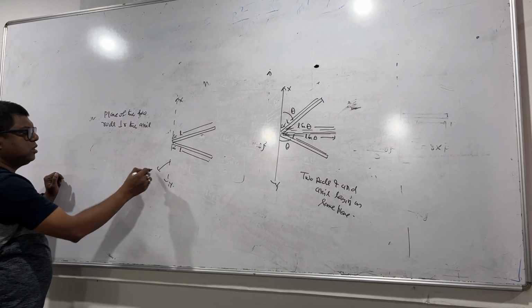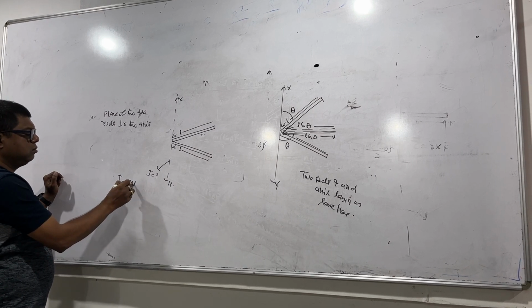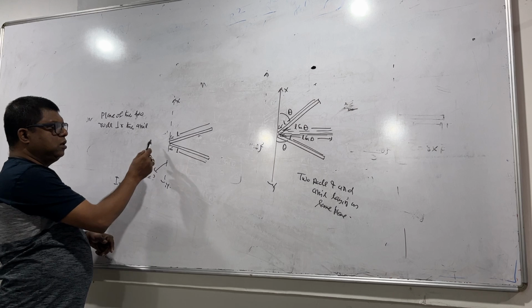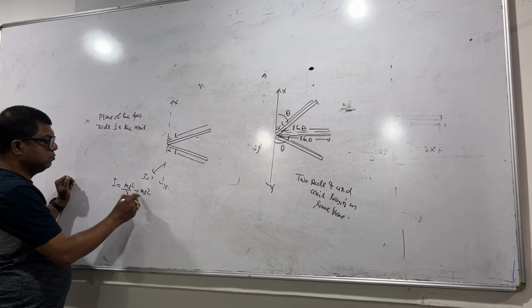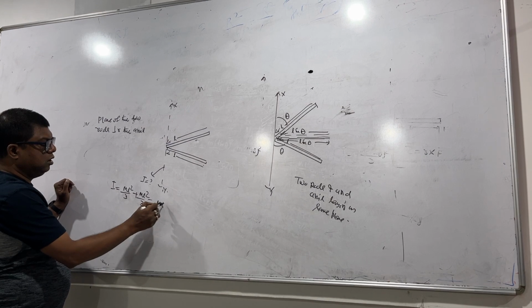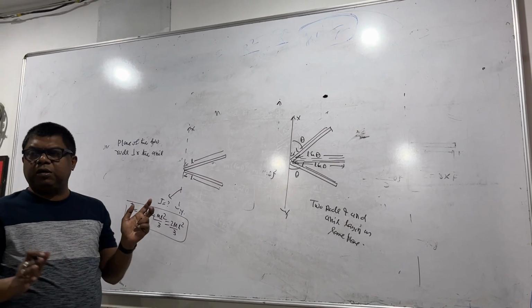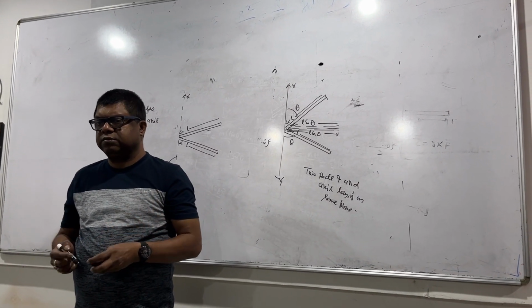So about this axis, the moment of inertia is I equal to mL^2 by 3. This is the length perpendicular, mL^2 by 3 for one end. This L is perpendicular, mL^2 by 3, so in total 2mL^2 by 3. So this is the moment of inertia of the rods in different situations. Okay.